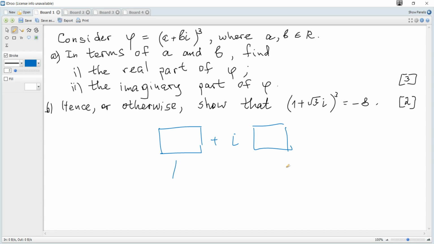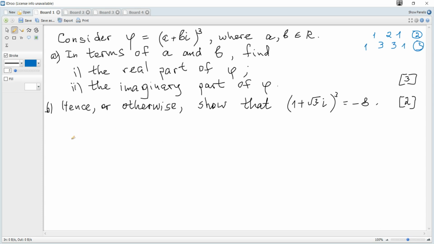So definitely here we need to expand the given expression, and using the binomial formula we can do that. We need coefficients. Coefficients are 1, 3, 3, 1 for a cubed, a squared, a, and bi cubed.